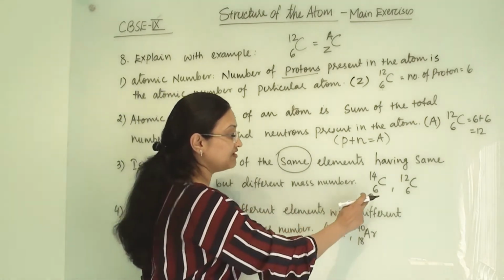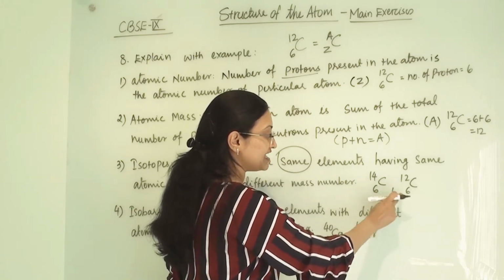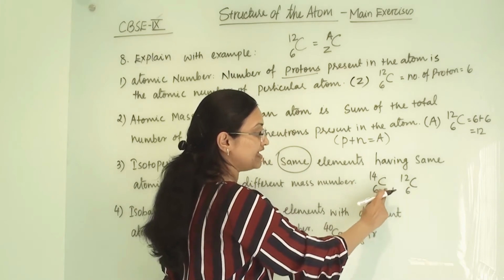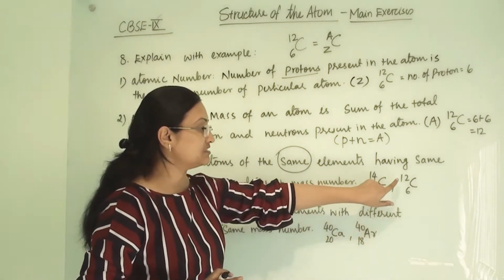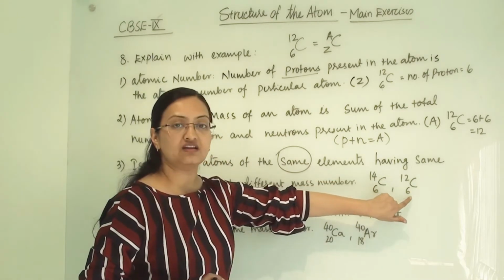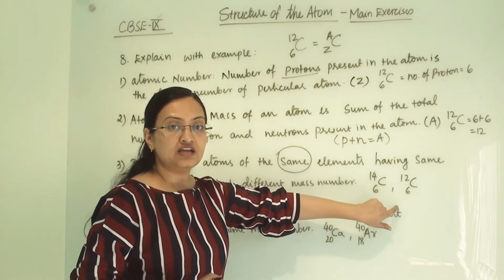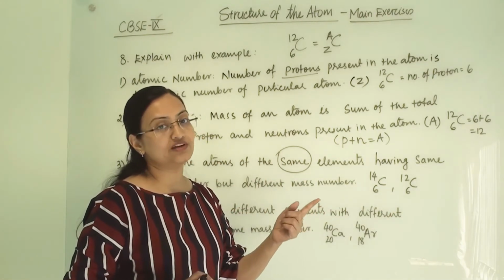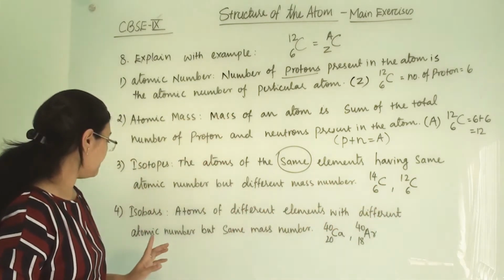Here we give the example of carbon again: the atomic number 6 is the same but their mass number is different, but they are the same element, both are carbon. That's why they are isotopes of each other. Their proton count is the same but their neutron count differs, so their atomic mass is different.